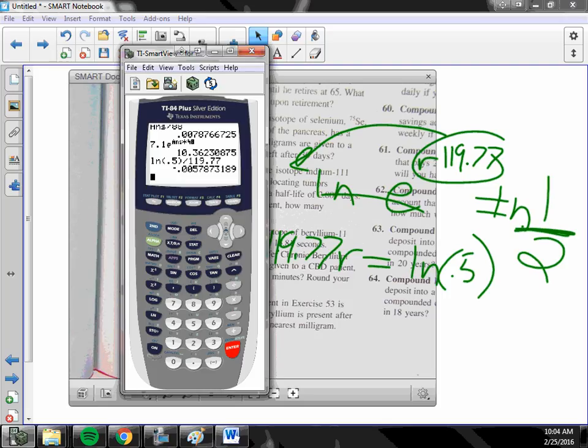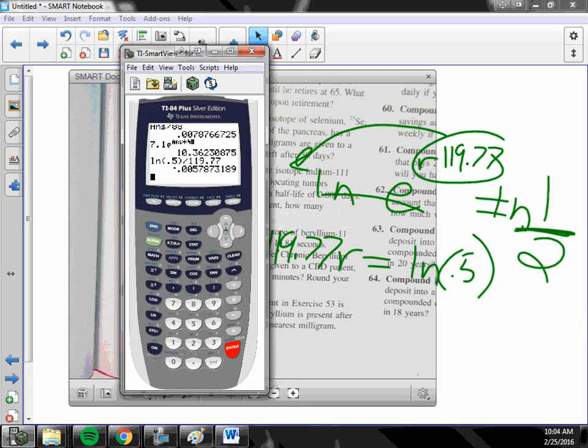Does that make any sense? Why? It's decreasing. It's going down. How fast is it going down? 0.5%. So we're decreasing by 0.5%.